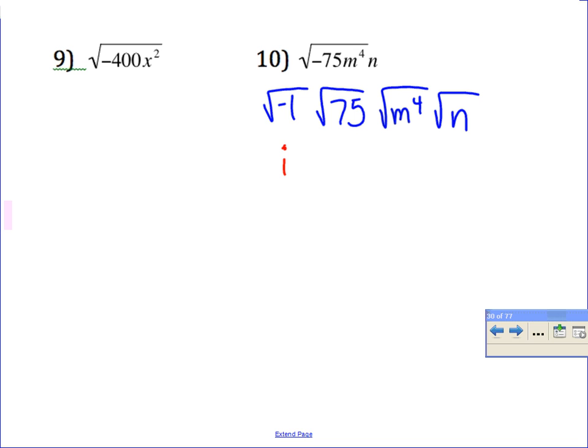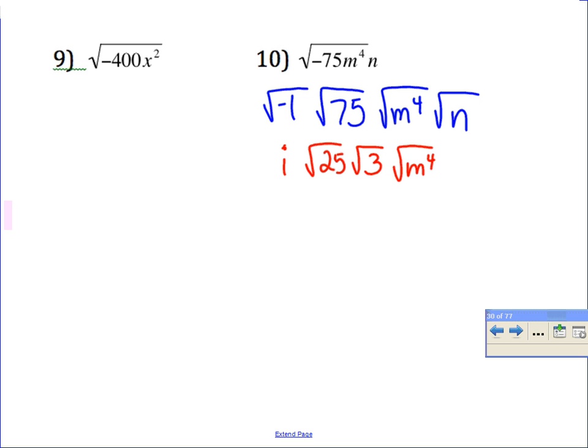Anytime you have the square root of -1, it's i. 75 we can break down into two numbers, one of them being a perfect square. So hopefully you thought square root of 25 and square root of 3. I promise I won't forget the other number this time like I did in number 5. 25 times 3 is 75, and 25 is the largest perfect square that goes into 75.